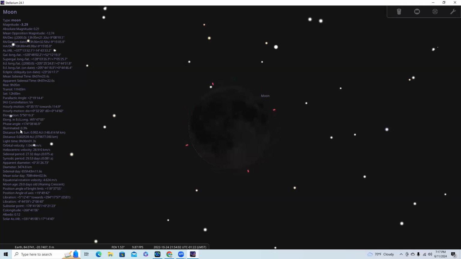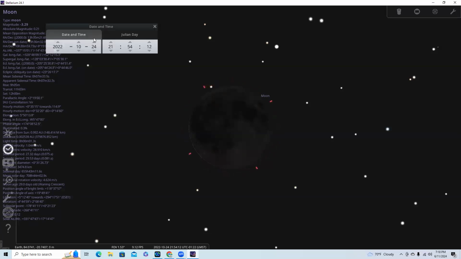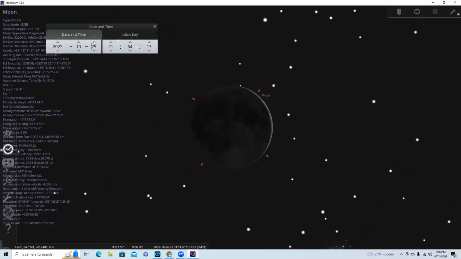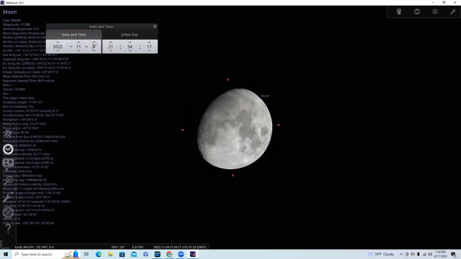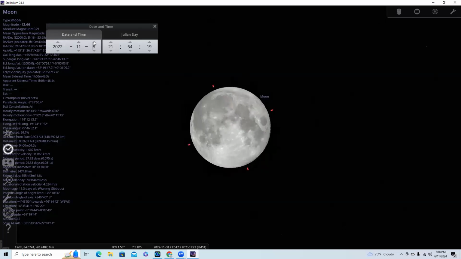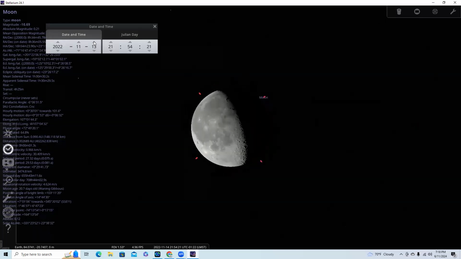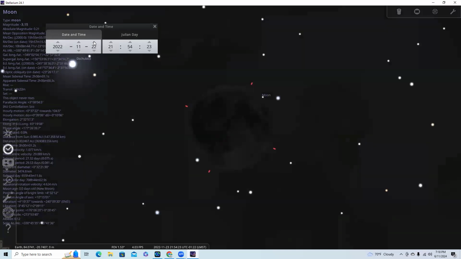Why do they happen? Illumination is basically the key. You're going to be exploring the moon on a particular date and time, looking at the moon for one full month. So you're going to be looking at the moon going through waxing crescent, first quarter, waxing gibbous, full moon, waning gibbous, third quarter, waning crescent, and new moon.